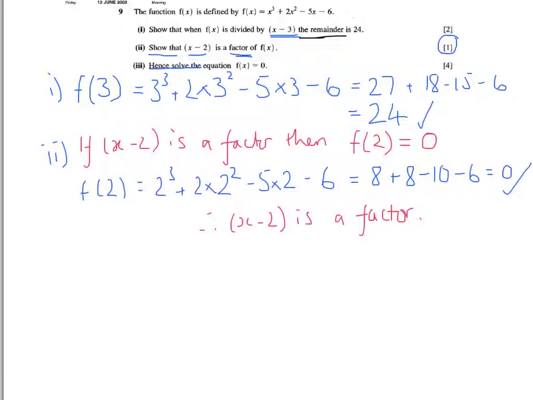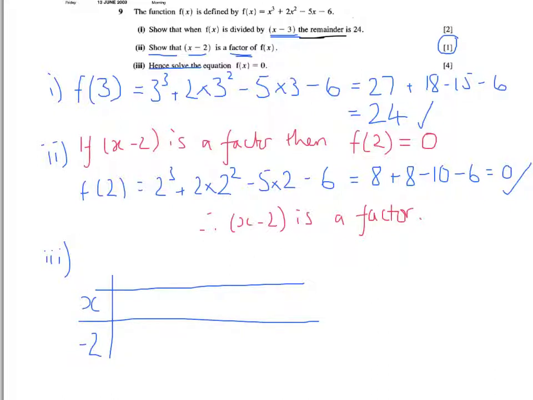And one way in which we can do that is to set out a box, a grid, like we've done in class, where x minus 2, because we know that's a factor, goes down the left hand side, and then in the box we're going to put values that will give us this complete cubic. So we start off, we know that we're going to have x cubed here.